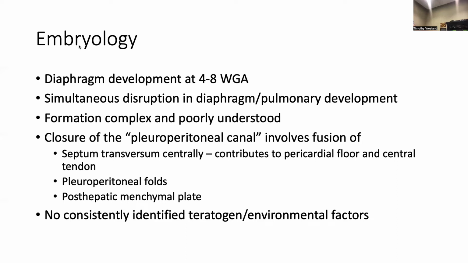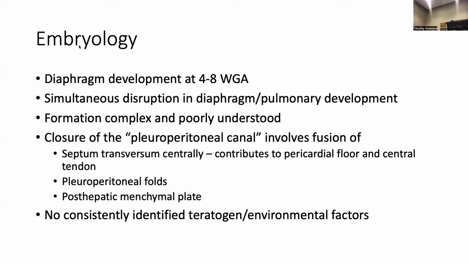We do know, and we'll talk about it in some upcoming slides, that there's a simultaneous disruption in diaphragm and pulmonary development, as well as development of the pulmonary vascular tree, and we don't understand those interactions. The buzzwords for tests really are failure of closure of the pleuroperitoneal canal.